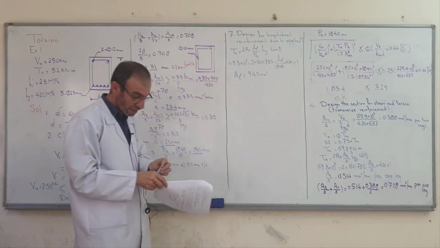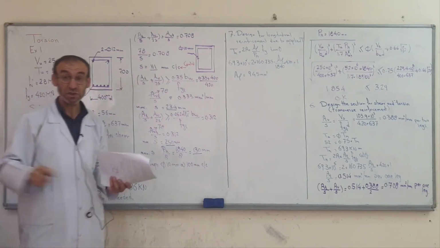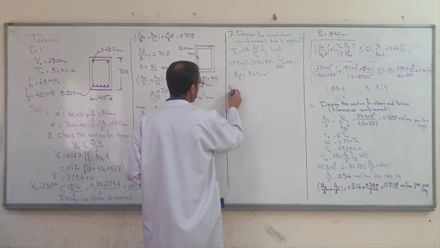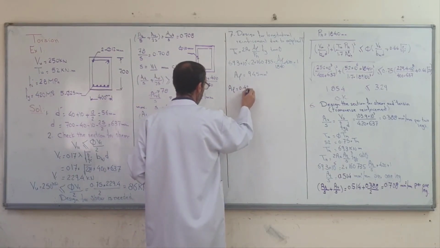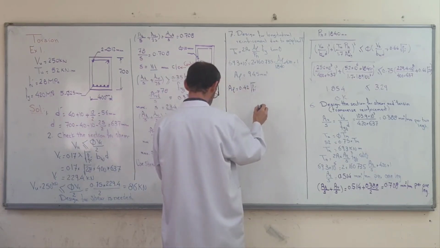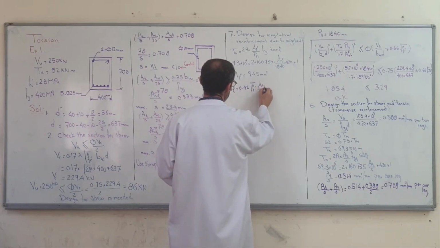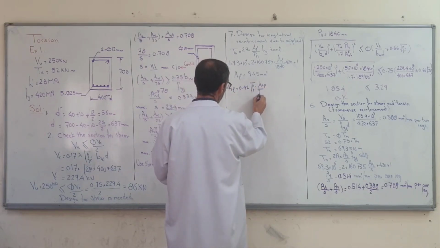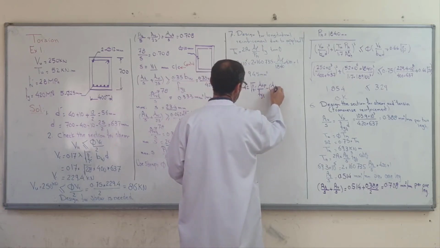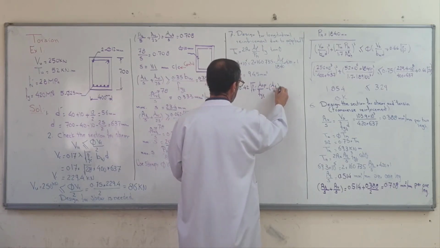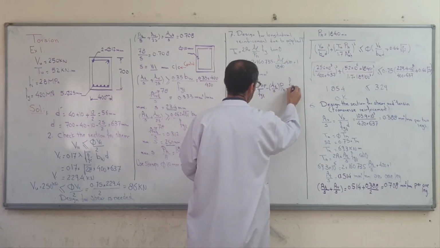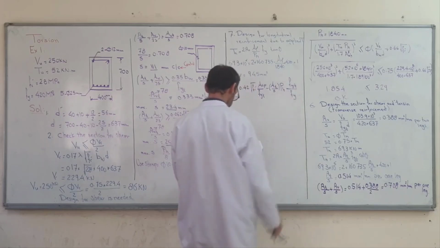Now we also have AL minimum. We have two equations for AL minimum. The first is 0.42 square root of FC prime ACP over FY, minus AT over S times pH times FY transverse over FY.